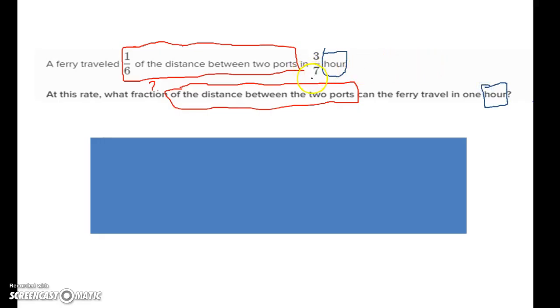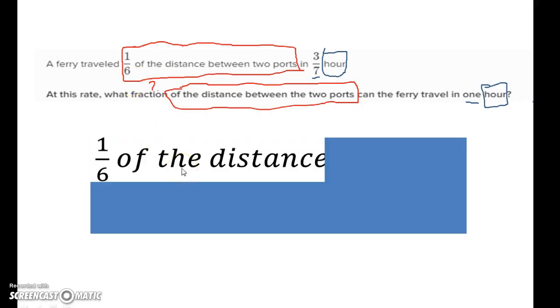We have three numbers here: 3/7 of an hour and 1 hour, and then the other number is the 1/6. So we're going to be putting this in a proportion. I'm going to start with the first label, 1/6 of the distance, and I put that in my proportion.